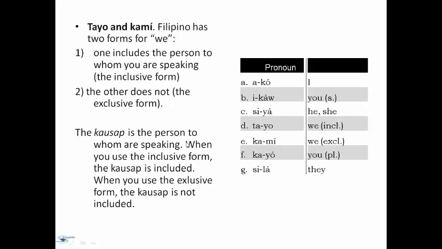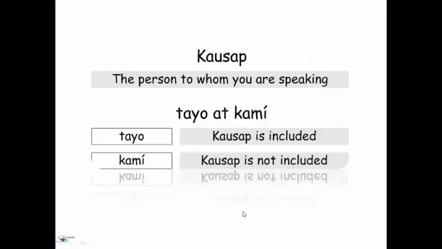The kausap is the person to whom you are speaking. When you use the inclusive form, the kausap is included. When you use the exclusive form, the kausap is not included. In summary, for tayo, the kausap is included. For kami, the kausap is not included.